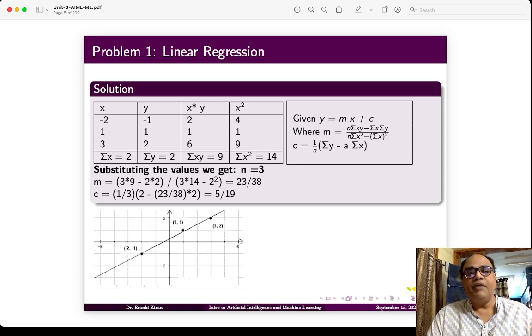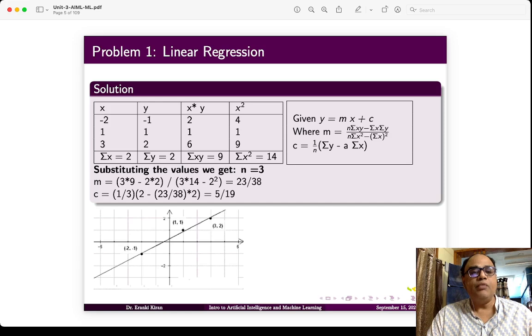mx plus c, where m is equal to n times summation xy minus summation x into summation y, divided by n times summation x square minus summation x whole square. Here c is the intercept and m is the slope, so c can be taken as 1 by n times summation of y minus m times summation of x.